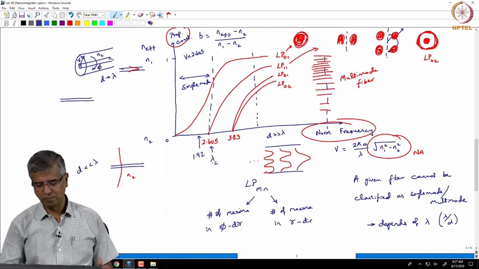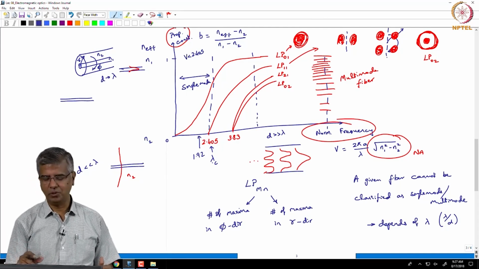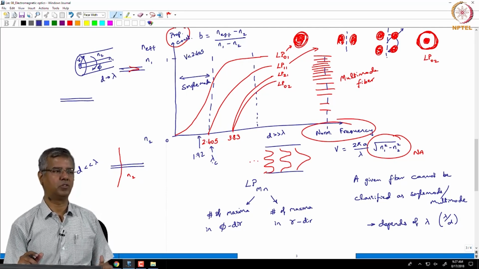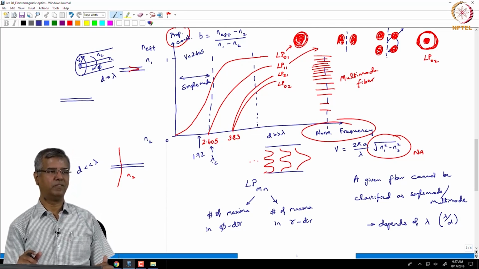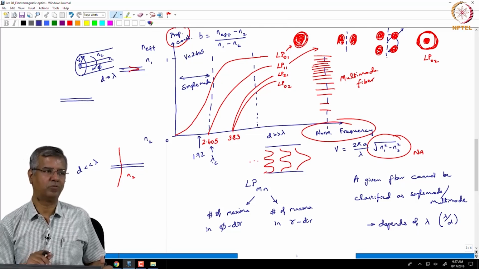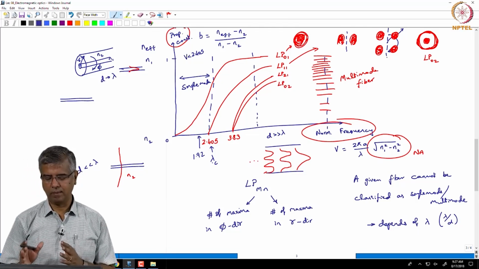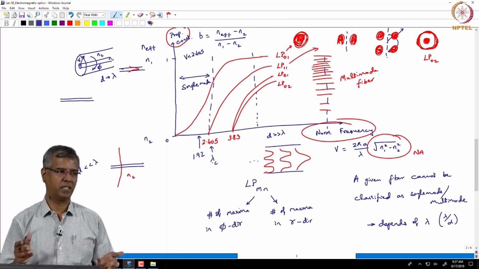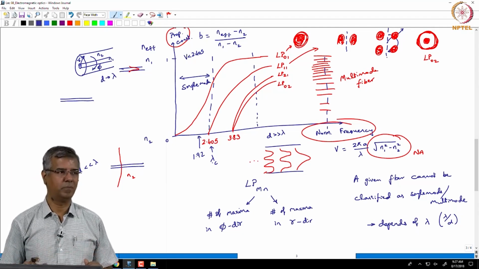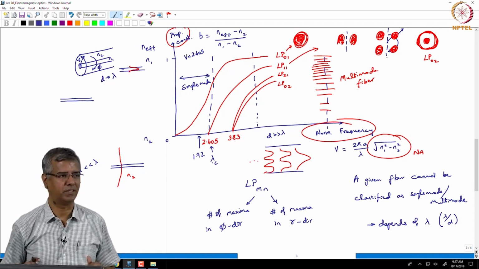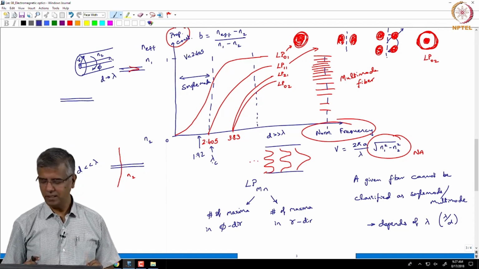So if you go to higher V number, you have the possibility of the next mode also showing up, which is what we are calling a slightly multimode fiber. But if you have lower V number, which corresponds to a longer wavelength than the cutoff wavelength, then you can be sure you are working in the single mode regime. Okay.